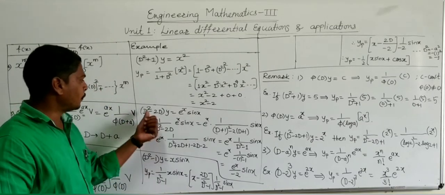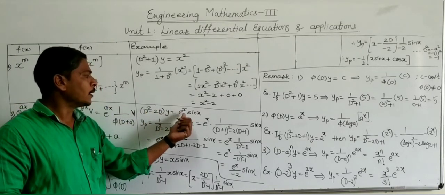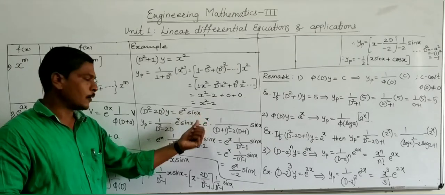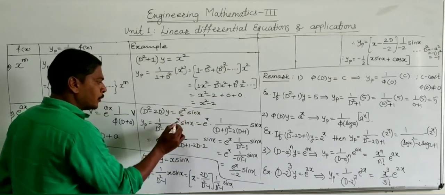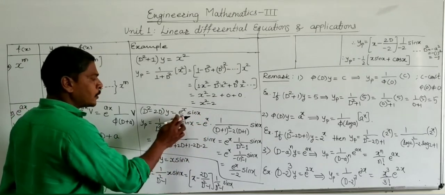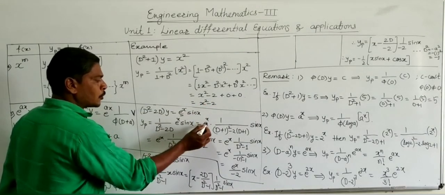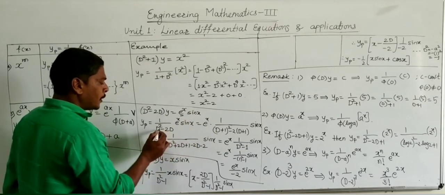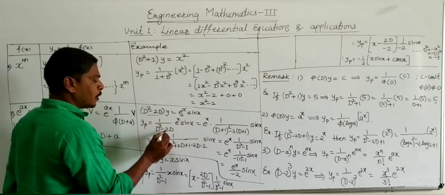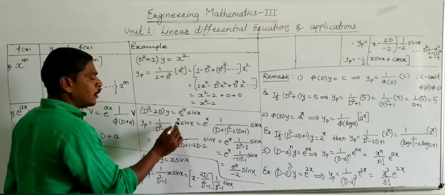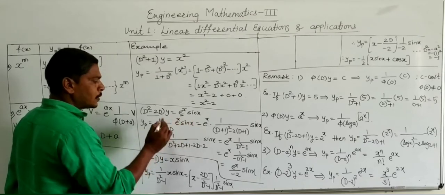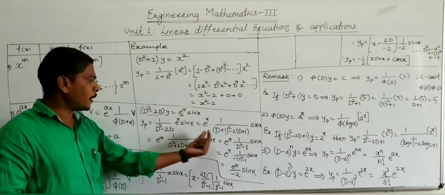For example, (D square minus 2D) y is equal to e raised to x into sin x. Here the exponential function is present in f of x together with another function of x. So we take this exponential function outside and replace D by D plus a in phi of D, that is D square minus 2D. Here a is plus 1, so replace D by D plus 1.